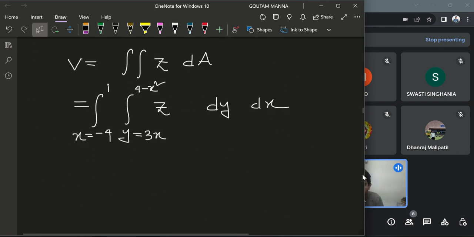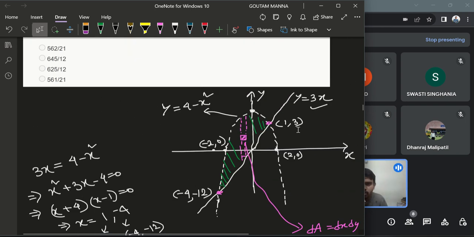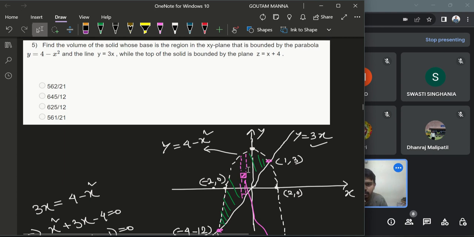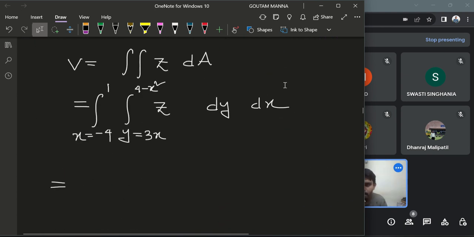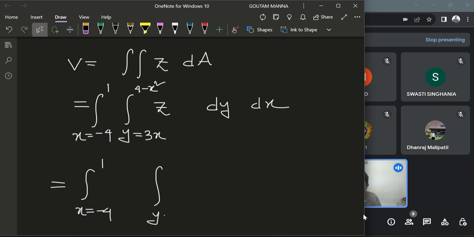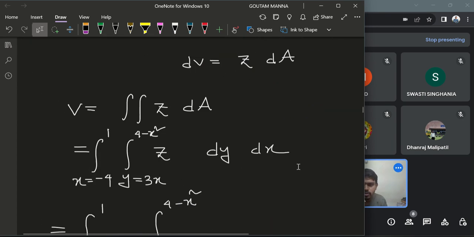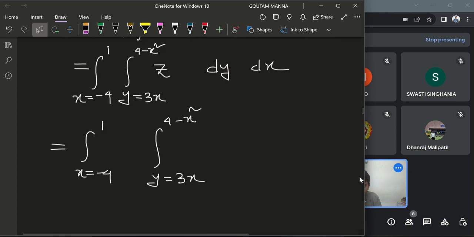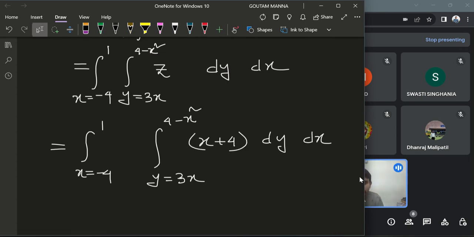Okay, so this will be the volume bounded by this area and this plane z equals x plus 4. So x equals minus 4 to 1, y equals 3x to 4 minus x square, z equals x plus 4 times dy dx.